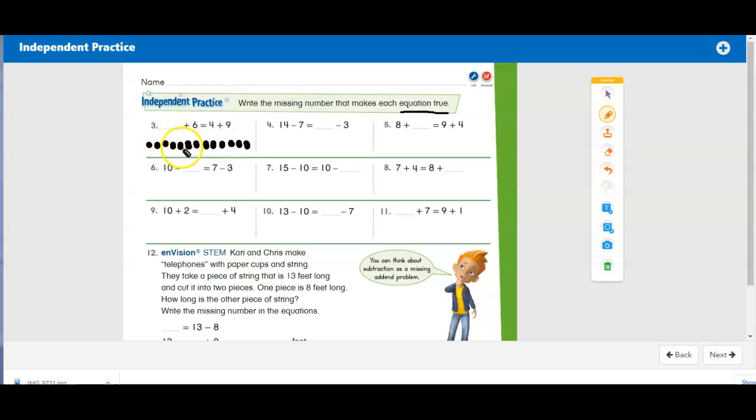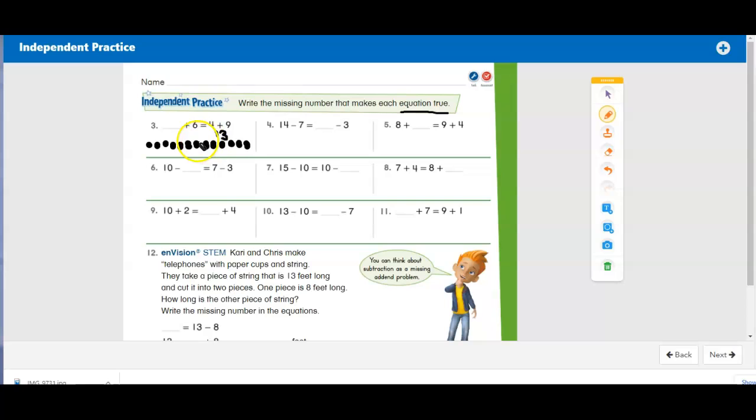So now I need to count the total number of counters that equals 4 plus 9. I know I started with 4, so now I can count on. 5, 6, 7, 8, 9, 10, 11, 12, 13. 4 plus 9 is equal to 13.